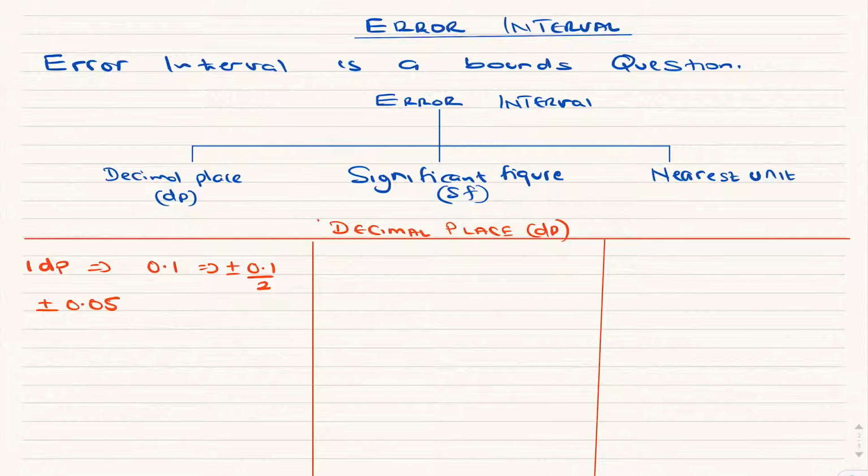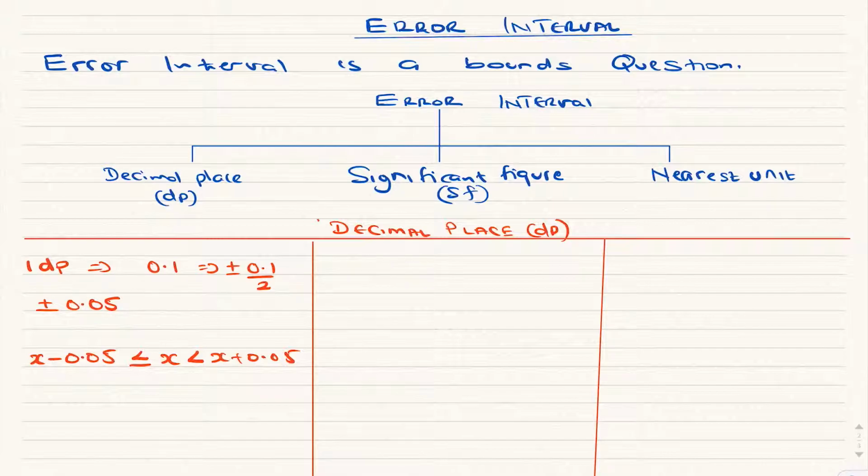So for 1 decimal place, the error interval for x will be x minus 0.05 less or equal x less than x plus 0.05.